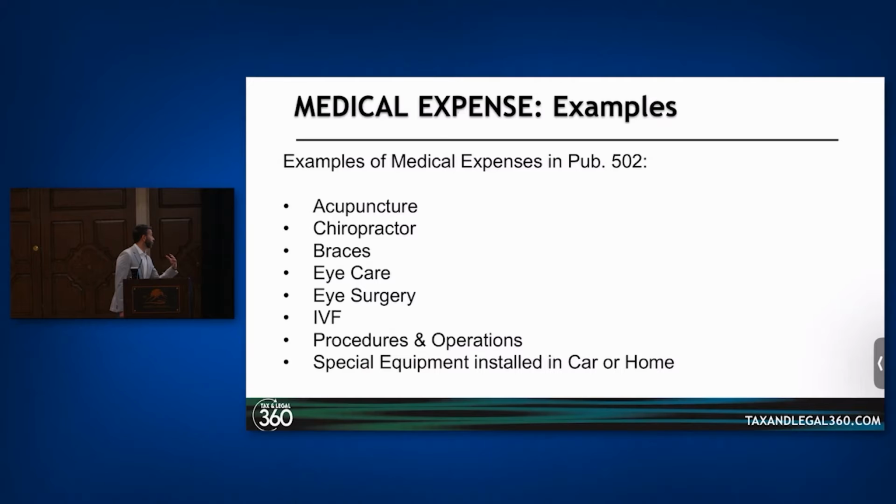I pulled out some that I thought were expensive and interesting. So you could do acupuncture, chiropractor, braces, eye care, LASIK eye surgery, IVF, infertility treatment, procedures and operations. And in the event you or a spouse or someone in your household has to install special equipment in their vehicle or in their home, depending on the disability that you may have, that would be covered as well.